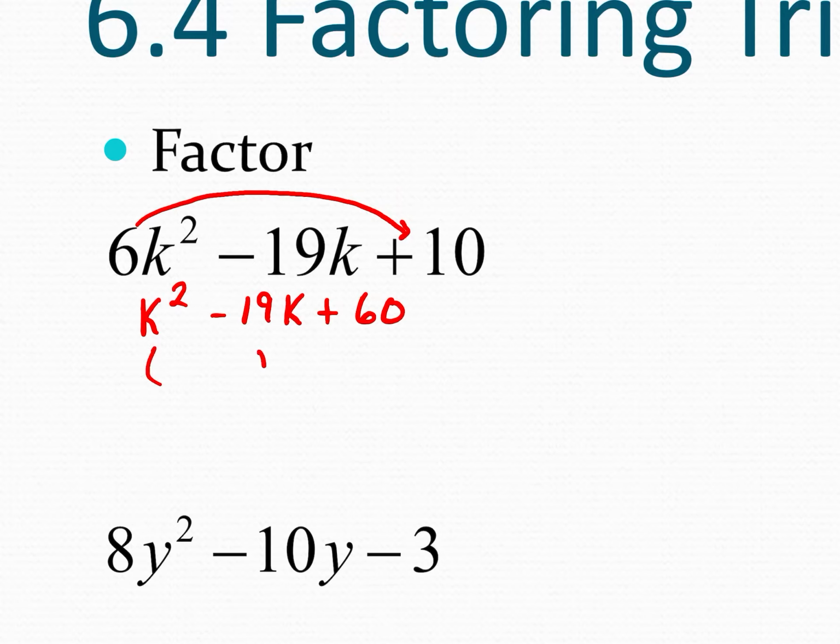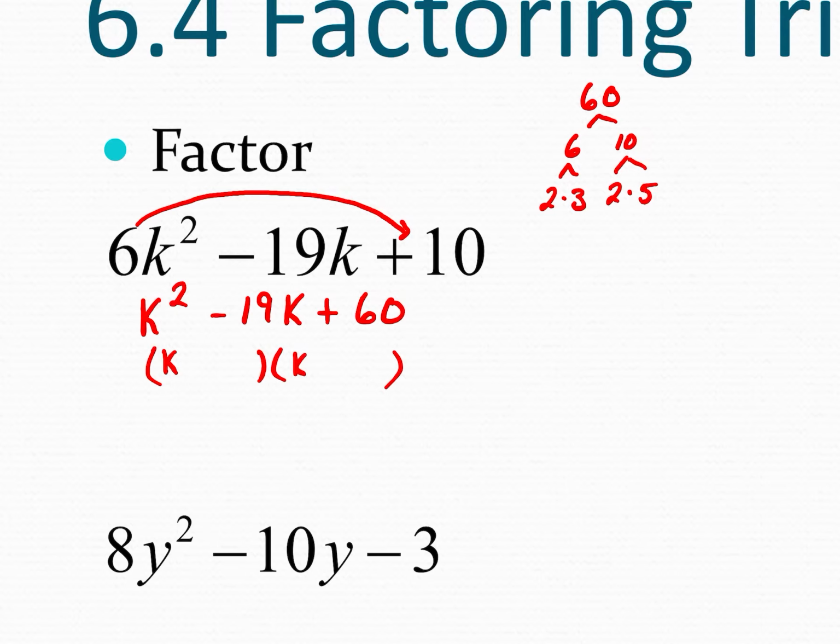So in this case, we're going to continue to factor with k being our first term. And we are looking for two numbers that multiply to give 60 that will add to give 19. Now, as a side note, if you don't know all the factors, break 60 down into its prime factors. You may say that's 6 times 10, and 6 is 2 times 3, and 10 is 2 times 5.